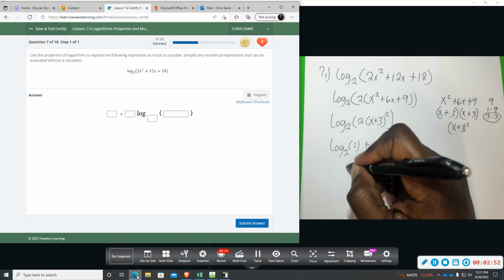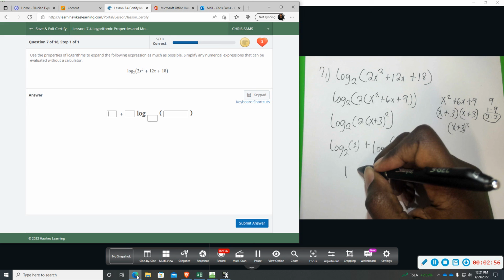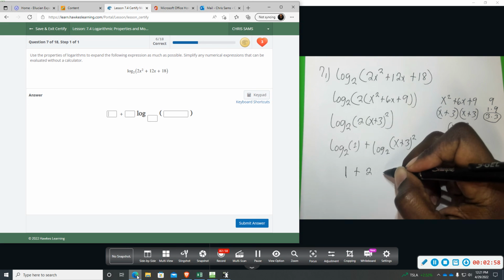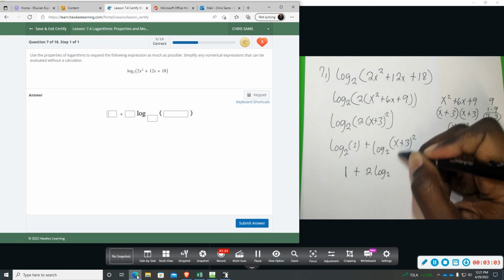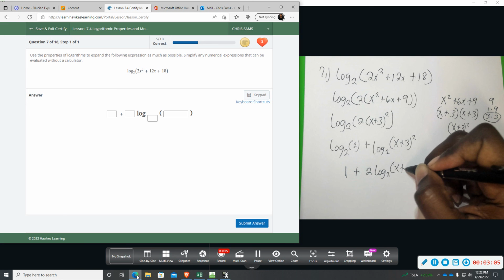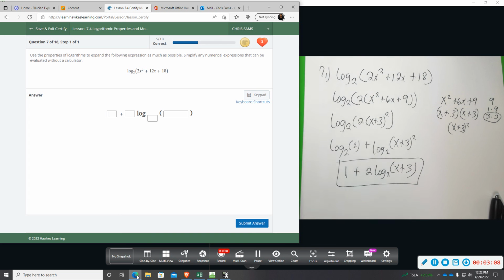This will be a 1. And I will bring this 2 down to the front. So 1 plus 2 log base 2 of x plus 3. All right, and then this is all we can do, and these are the inputs that we want. So 1, a 2, 2, and then x plus 3.